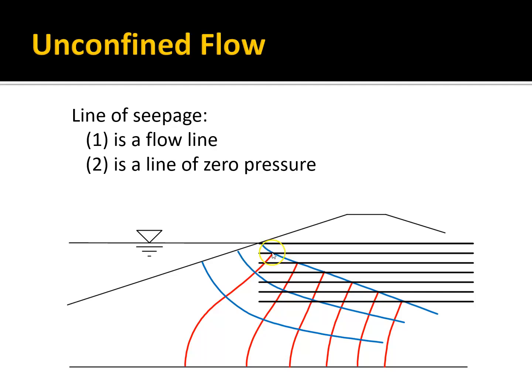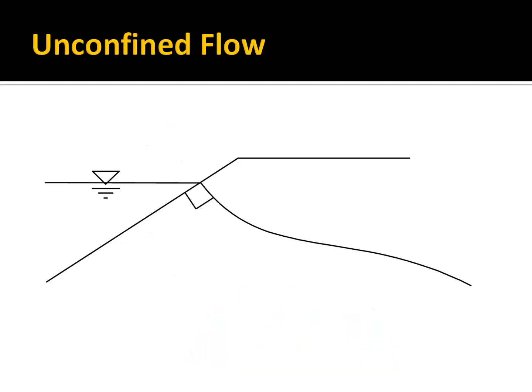And right at this line, the total head is equal to the elevation head, so you should have equal elevation drops all the way along. Again, these are a little more challenging. I've personally developed a bunch of flow nets graphically using unconfined flow. It's a lot easier with confined flow, but that's how you would develop and interpret these.